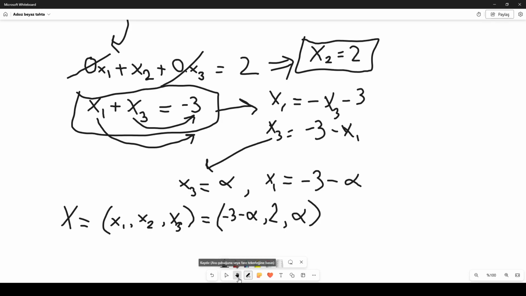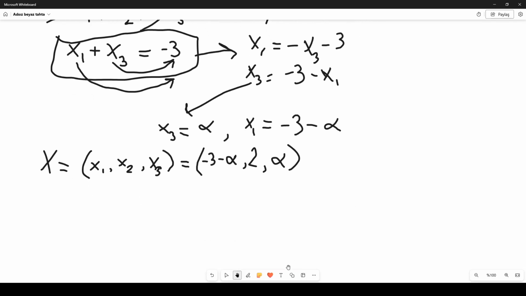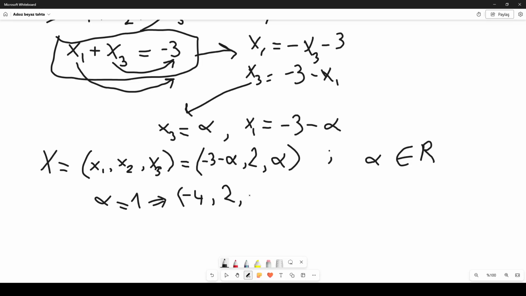that satisfy this system of equations. What I mean is, alpha can take any real number, right? Alpha is just an arbitrary real value. For instance, if I take alpha equal to 1, then if I plug the value of alpha into this 3-tuple, I get minus 4, 2 and 1.